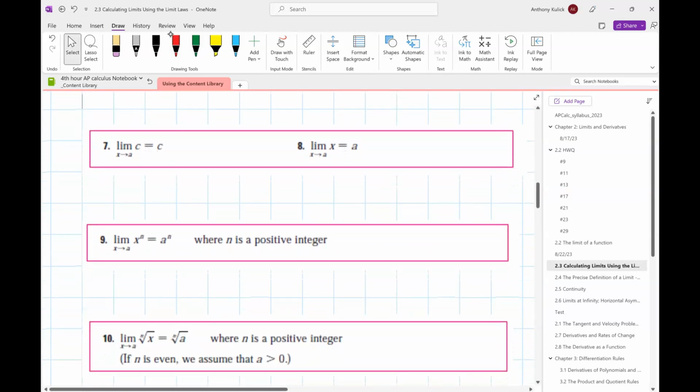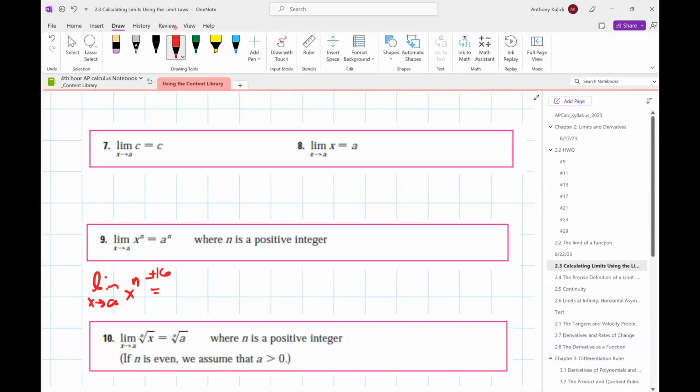If I use the previous 3 properties, we can discern number 9, or we can prove this, actually. So if I use property number 6, that's supposed to be a number sign. That was terrible looking.